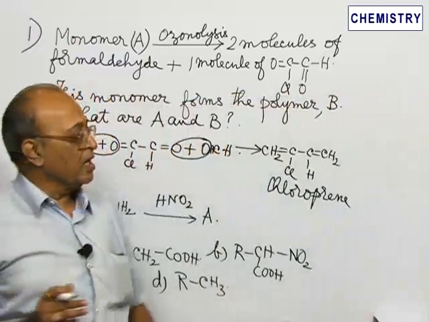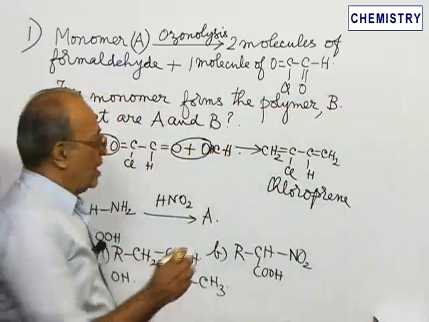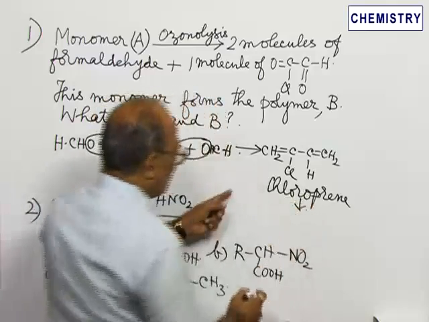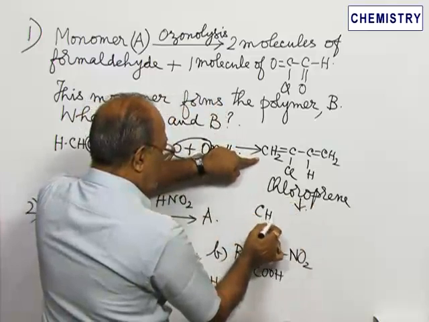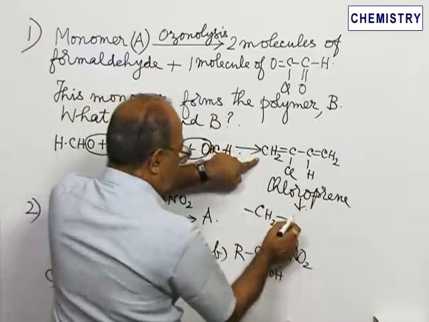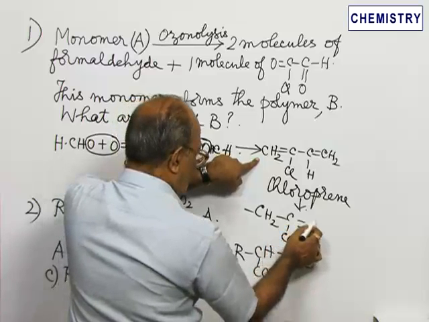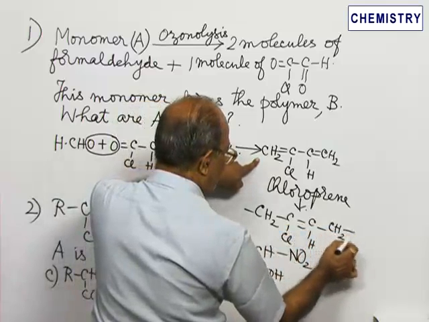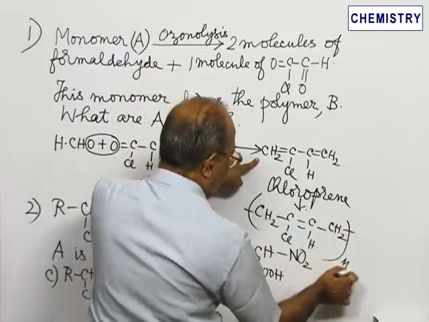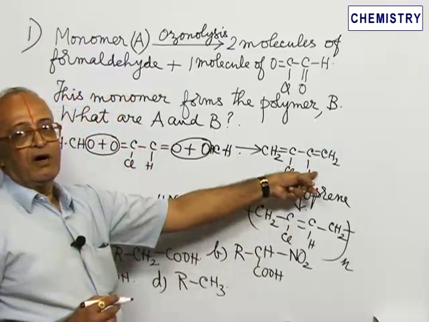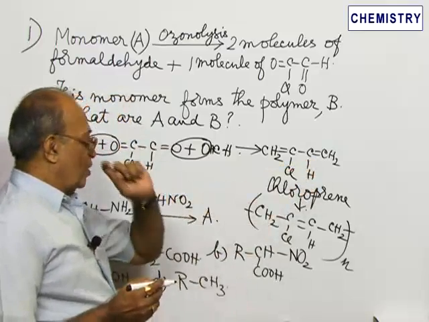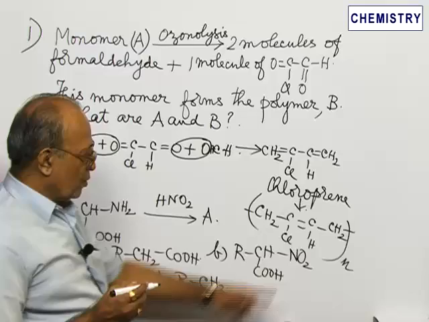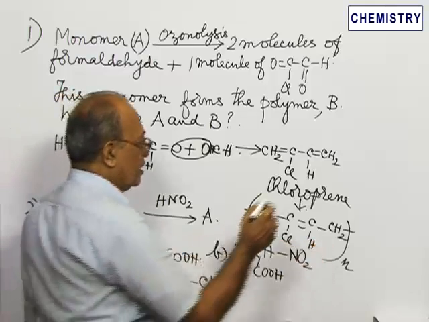So the monomer A is chloroprene, and this undergoes polymerization, that is CH2 CCl double bond CH CH2, and N molecules of chloroprene will undergo polymerization reaction to give this polymer B.